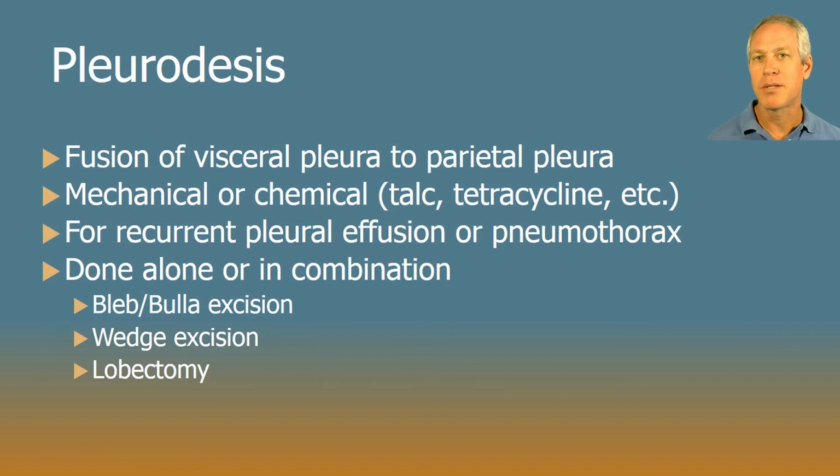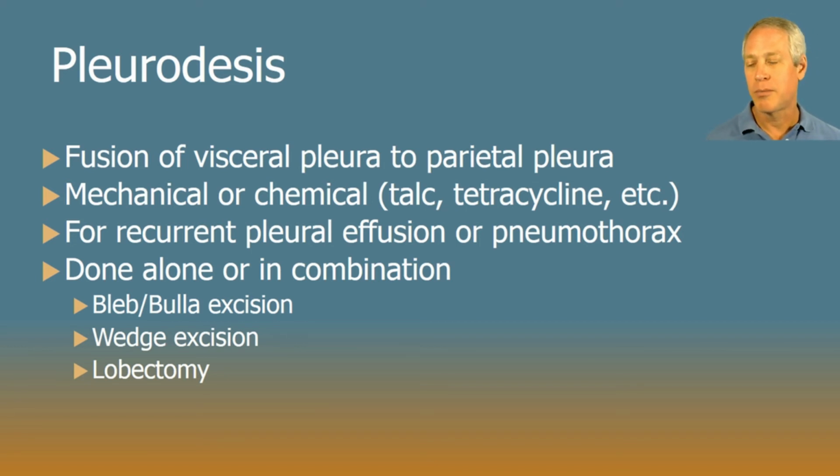A pleurodesis is a procedure when we first learn about it, it seems like it would be the last thing you'd want to do, which is to fuse the visceral pleura and the parietal pleura together, which eliminates the intrapleural potential space when there is an underlying disorder causing blood, fluid, or air to fill that intrapleural space. But it actually is pretty successful.